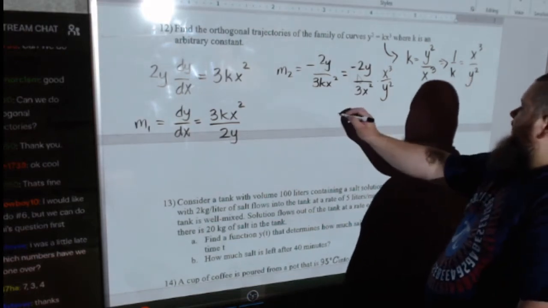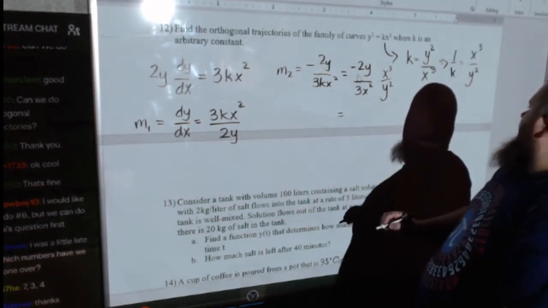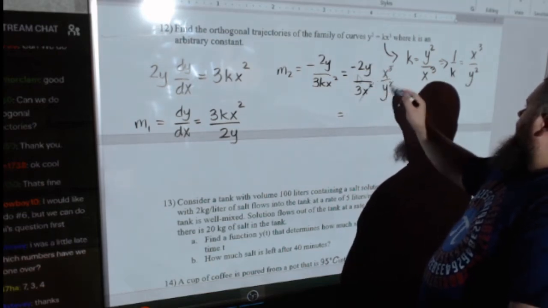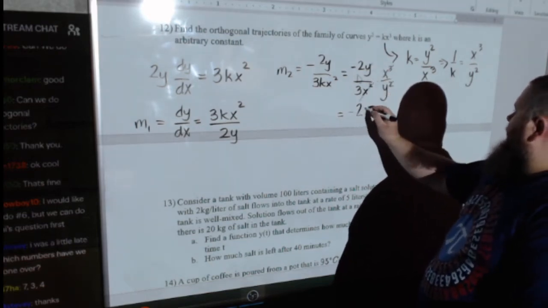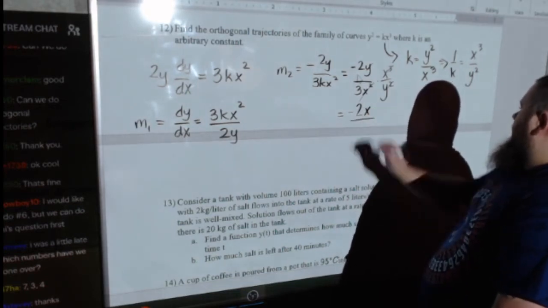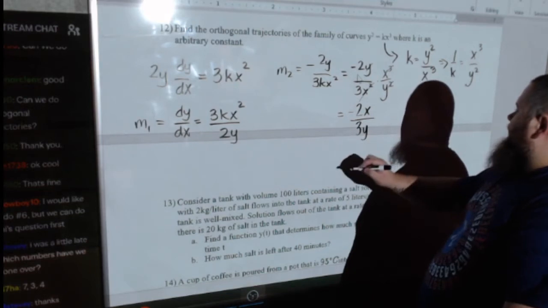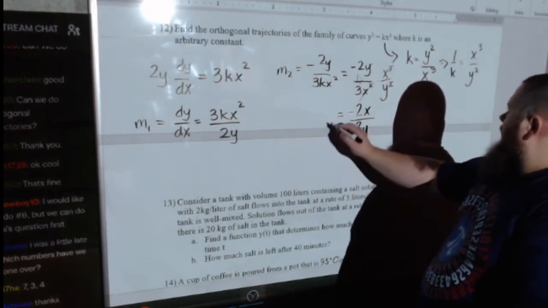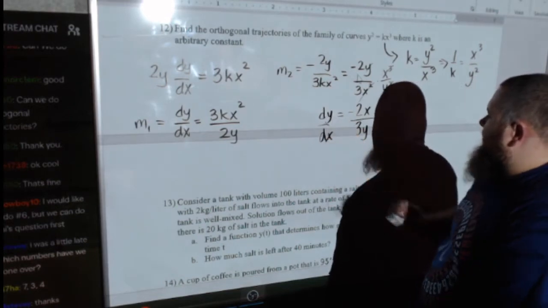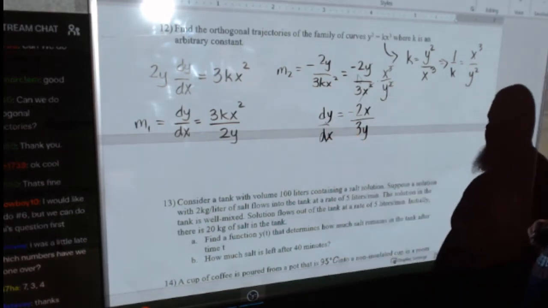So I now have, for my slope, minus 2x over 3y. And that's going to equal dy dx. That is the differential equation that I now must solve.